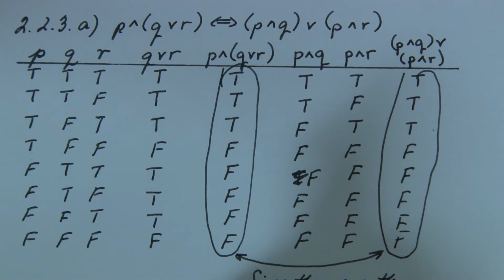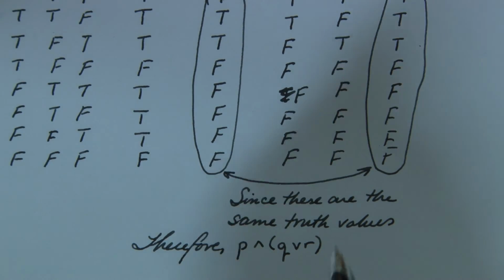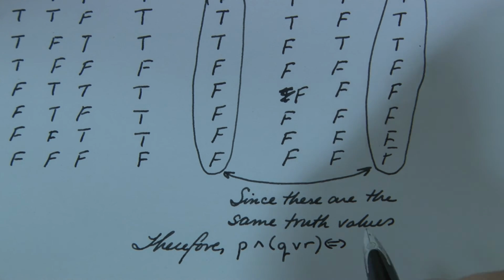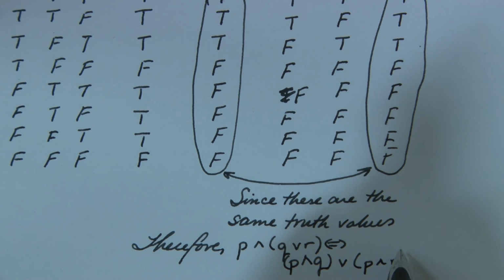Since these are the same truth values, therefore P and (Q or R) is logically equivalent to (P and Q) or (P and R). Okay, and that's the end of the proof.